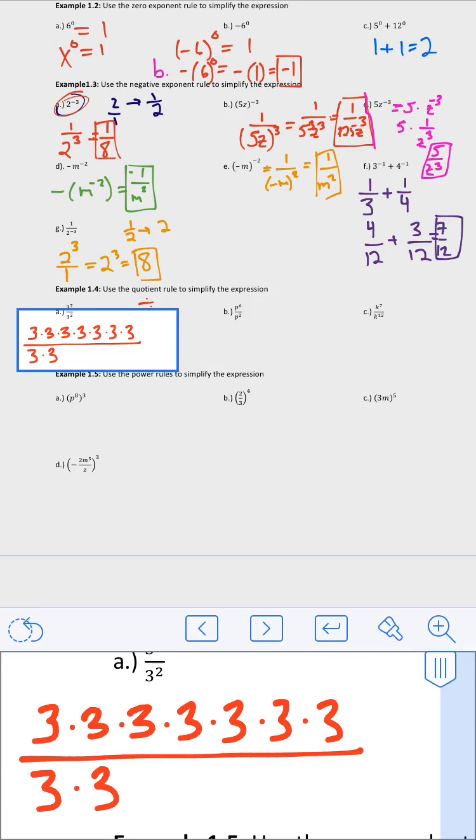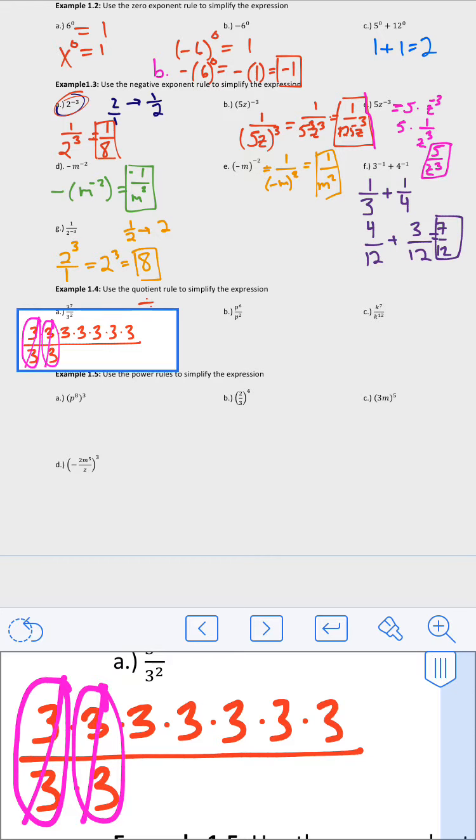If I look at this like that, then how many of these are going to cancel? Remember that anything over itself is equal to 1. And if that is the case, then anything over itself is going to cancel out to 1. So in other words, this part right here is going to cancel to 1, and this part right here is going to cancel to 1. It's going to go away.